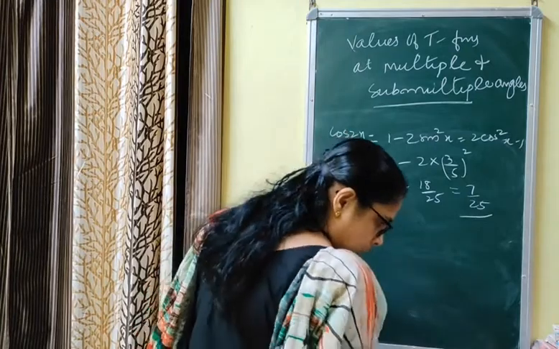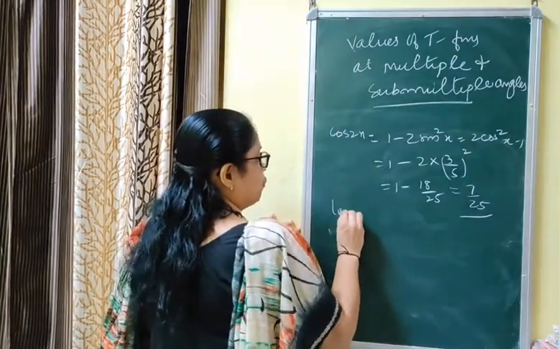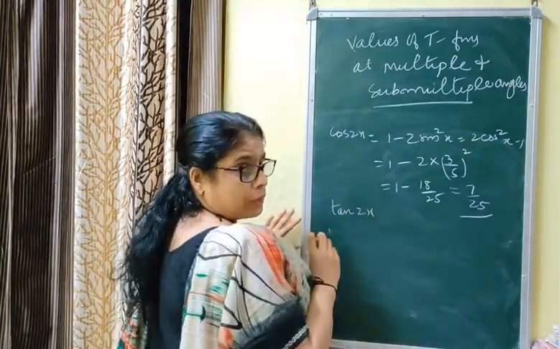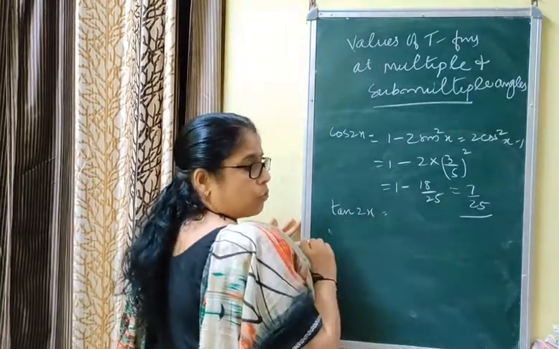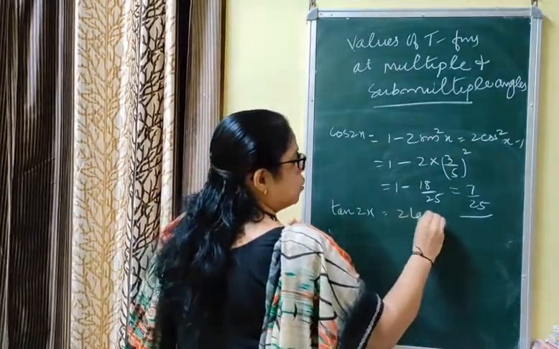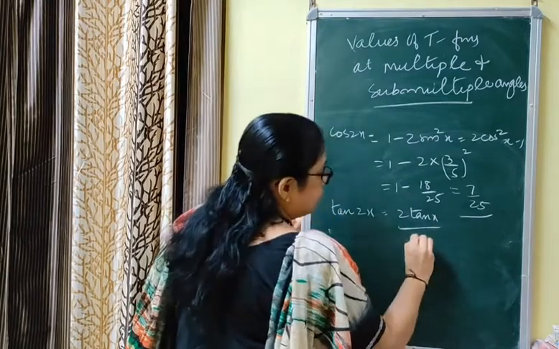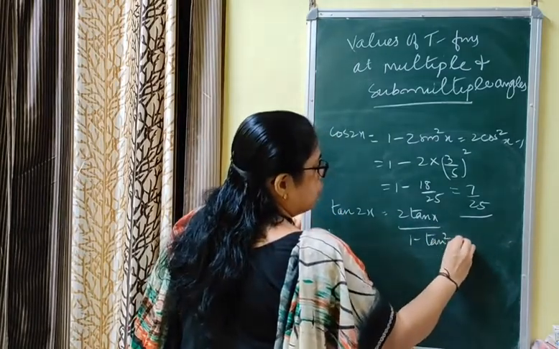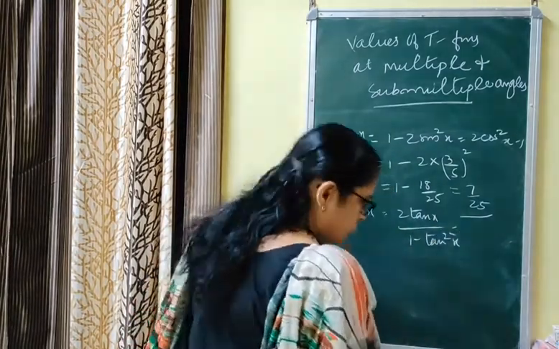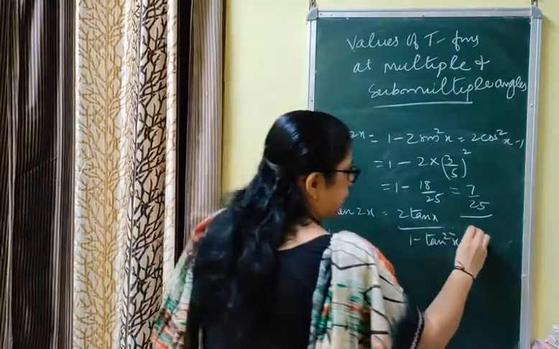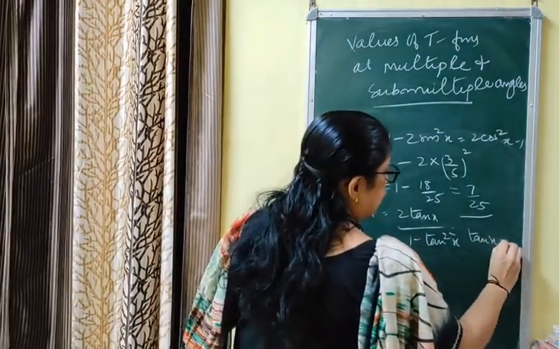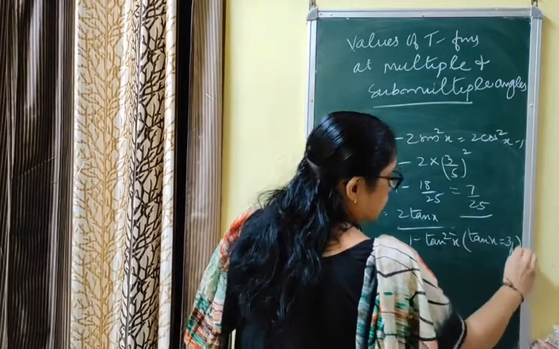Next term is tan 2x. We have found the value of tan x, so you can use the formula tan 2x is equal to 2 tan x upon 1 minus tan square x. The value of tan x we found in the previous steps as 3 by 4.